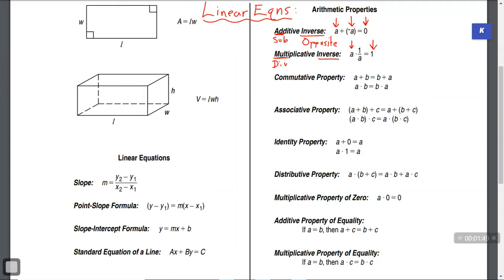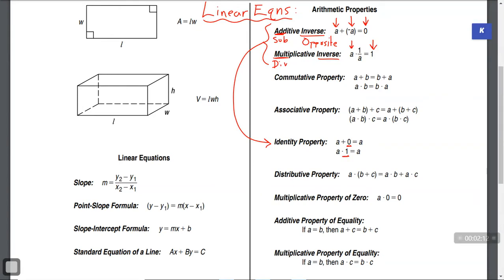And I want to jump down from here to the identity property, because it will explain why we get 0 when we do the additive inverse and why we get 1 when we do the multiplicative inverse. Because the inverse properties go hand in hand with the identity properties. Because notice what the identity property is here for addition, and notice what it is for multiplication.